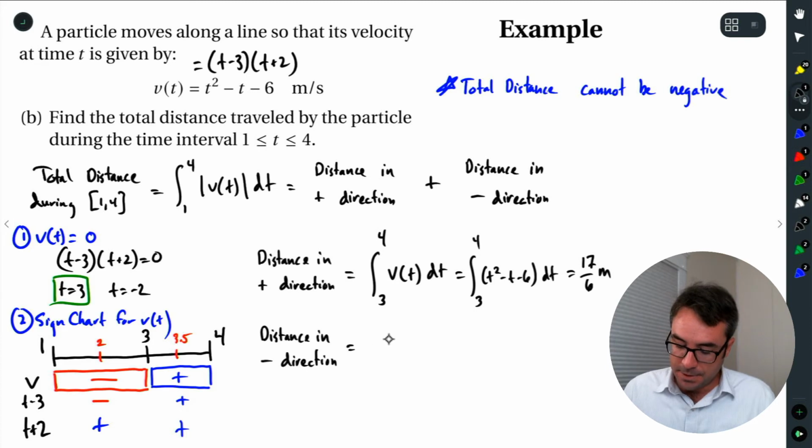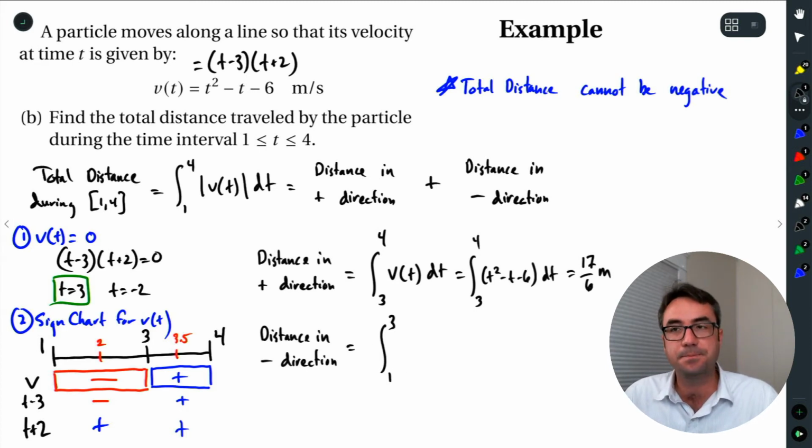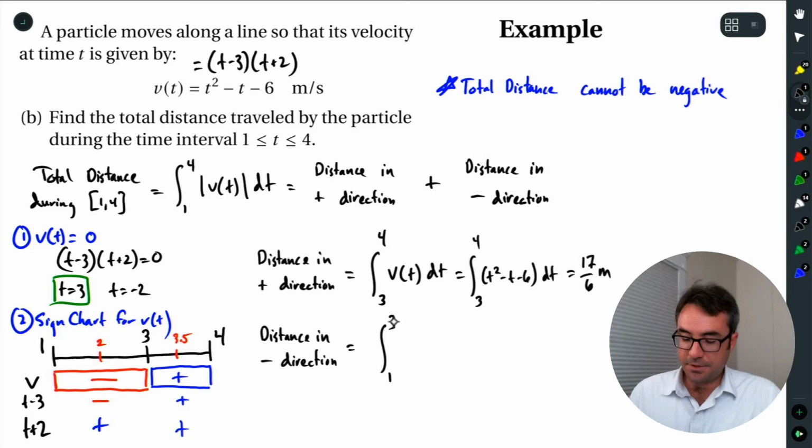So to get the distance, we're going to integrate from 1 to 3. Now, the difference here is that from 1 to 3, our velocity function is negative. So what does this absolute value sign do if the quantity inside is negative?